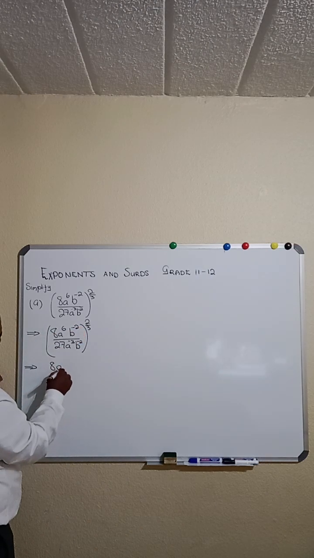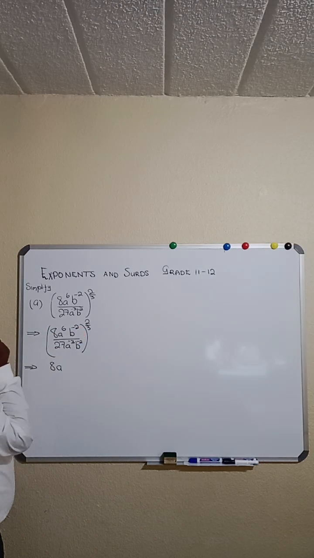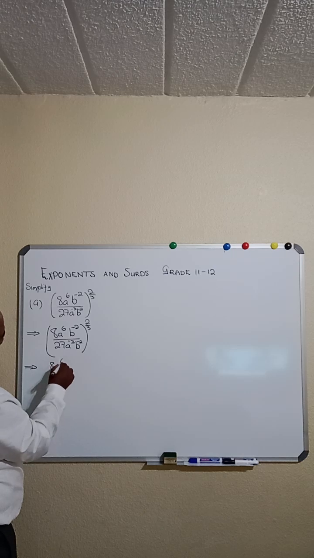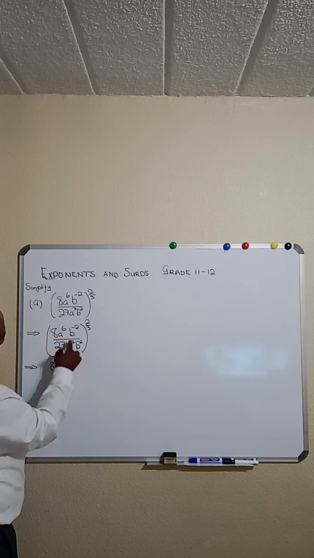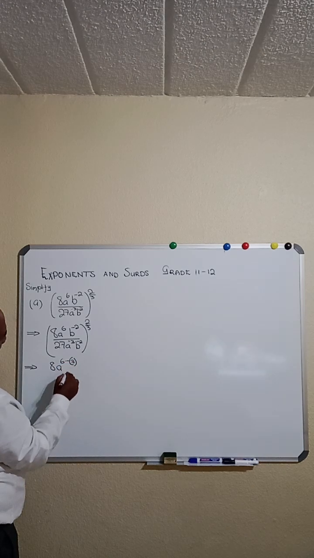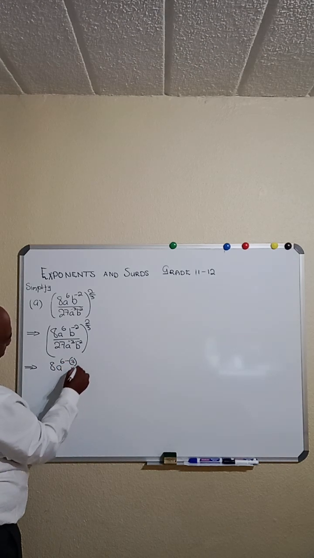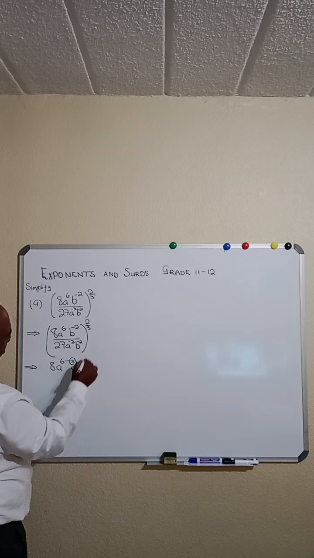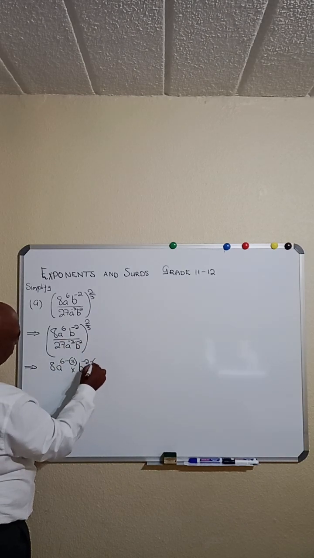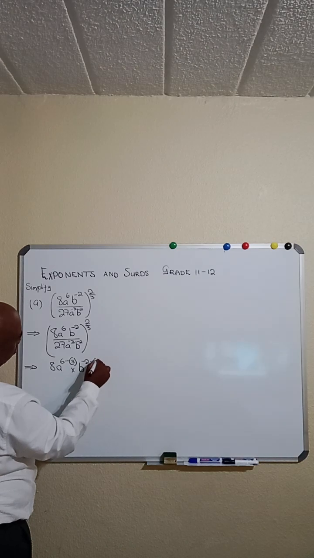So we've got a, and then we separate powers with the same base. So it's 6 minus minus 3, times b, minus 2 and minus 2.